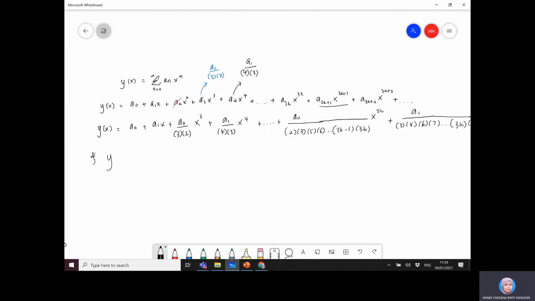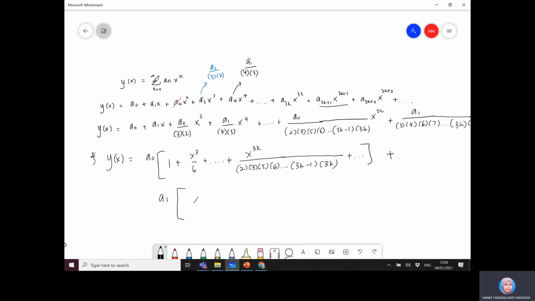So y of x is equal to A0 times 1 plus, what do you have? x cubed over 6, plus dot dot dot, and then x to the 3k over 2, 3, 5, 6, up to 3k minus 1, 3k, and then until infinity, plus now the A1 terms.